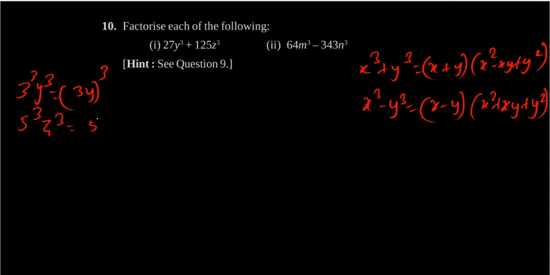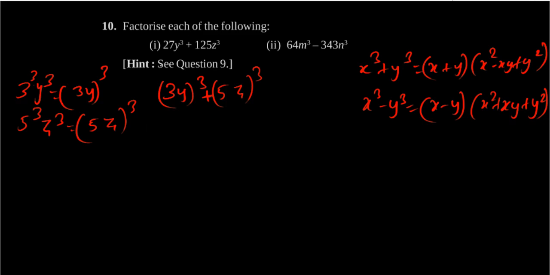This is nothing but 5z the whole cube. So this is in the form of 3y the whole cube plus 5z the whole cube. So a cube plus b cube format, like x cube plus y cube. So this can be written like this, okay. So we have to substitute x and y in this identity.